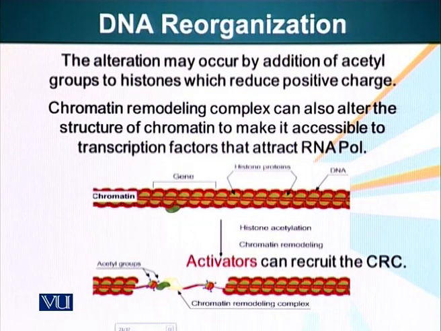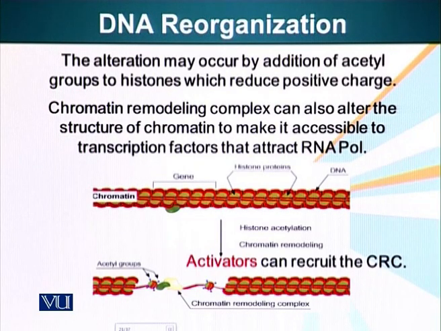One of the things that have to happen is removal of the histones. A chromatin remodeling complex is recruited by the activator. The chromatin remodeling complex, or CRC, one of the things it does is it puts acetyl groups onto the histones. As we know, acetyl groups are negatively charged.